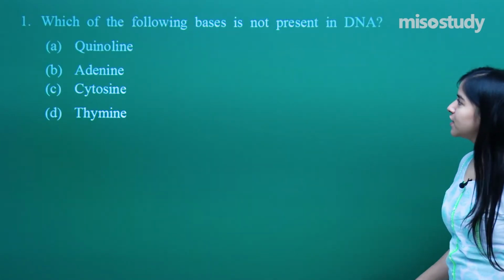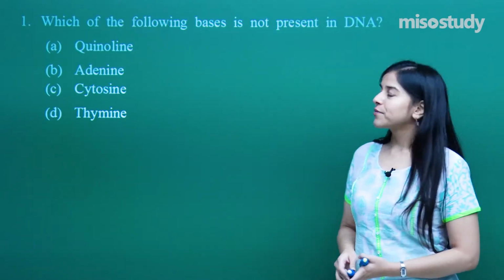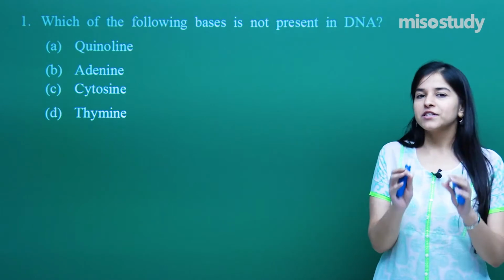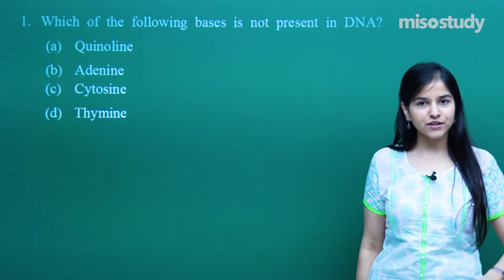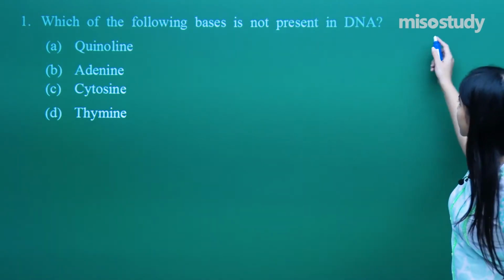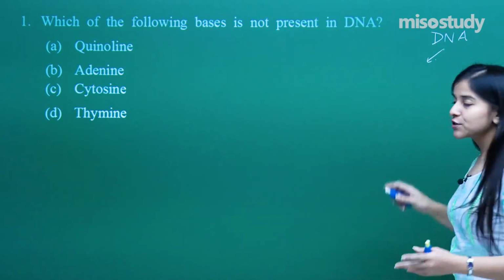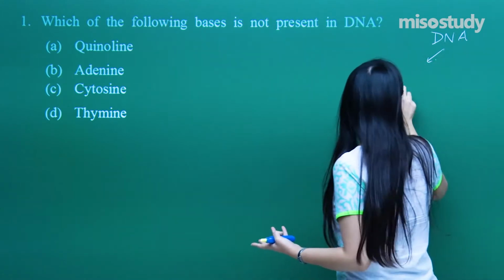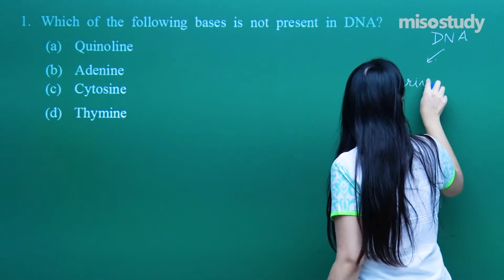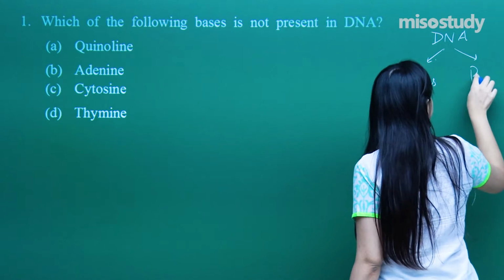Which of the following bases is not present in DNA? You must have proper knowledge of DNA, so let us try to recall that. DNA contains two kinds of bases, purines as well as pyrimidines.